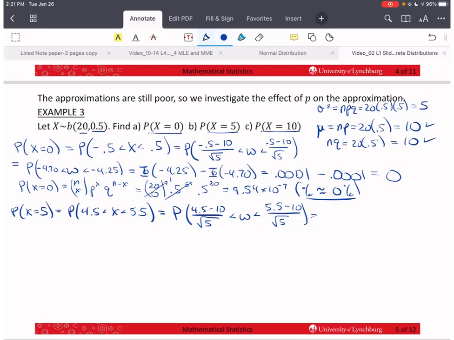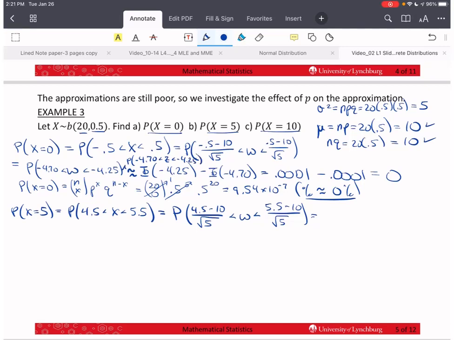I didn't do my approximation here, I'm sorry. I left out something. So we'll do the probability that z is between negative 4.70 and negative 4.25. So we'll do that.